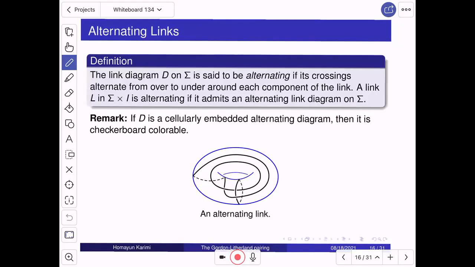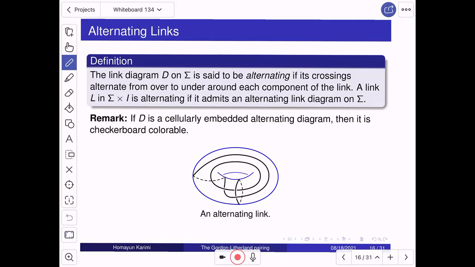So it's a good point to remind ourselves what we mean by alternating links. Here is a definition. A link diagram D on a surface sigma is called alternating if, when you travel along each component of the link, the crossings alternate between overcrossing and undercrossing.